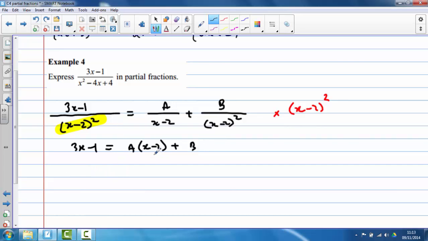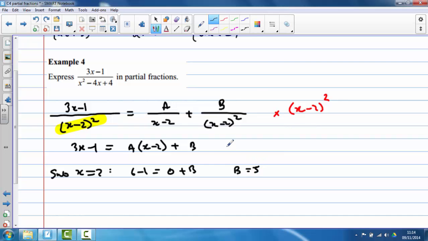And then here we can substitute x equals 2 in, and that will give us 6 take away 1, which is 5, equals 0 plus b. Therefore b has to equal 5.